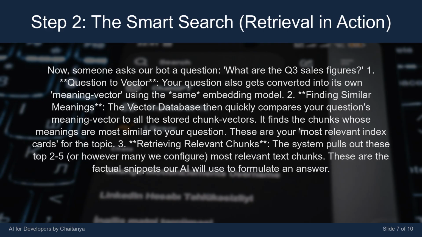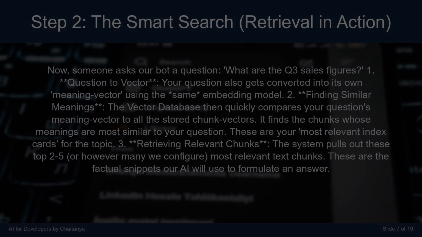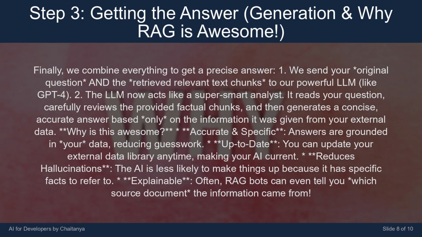3. Retrieving relevant chunks. The system pulls out these top 2 to 5, or however many we configure, most relevant text chunks. These are the factual snippets our AI will use to formulate an answer. Finally, we combine everything to get a precise answer. 1.